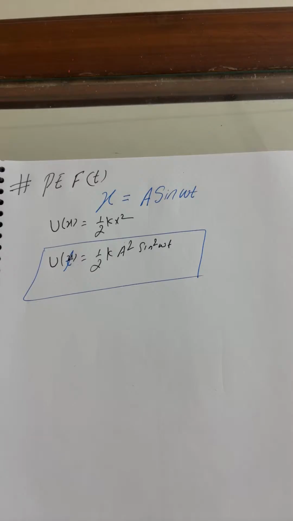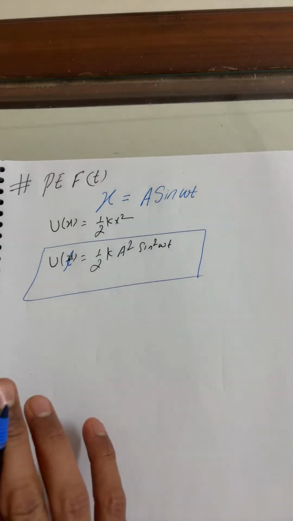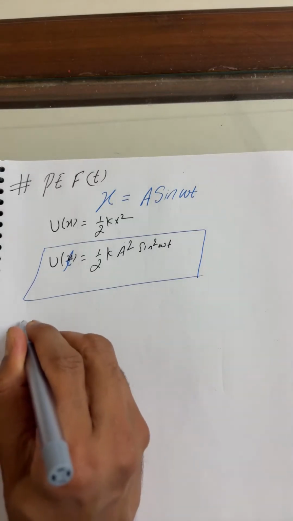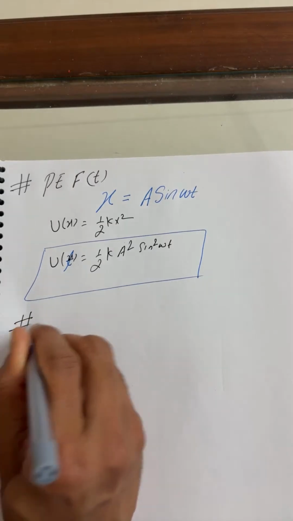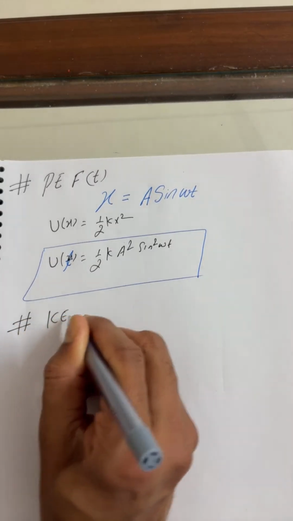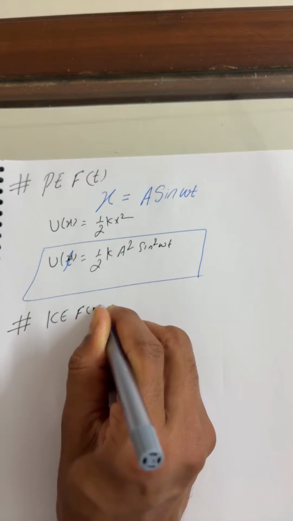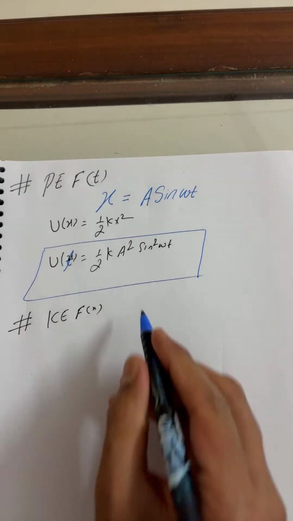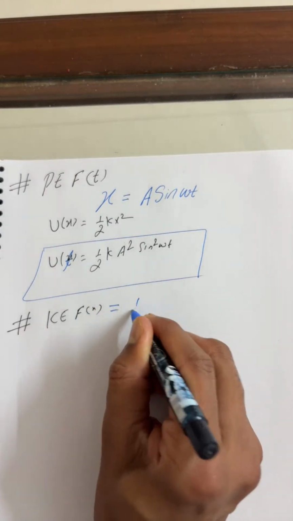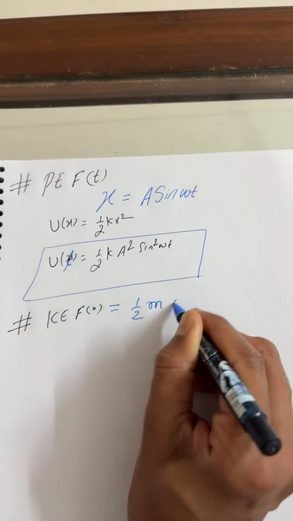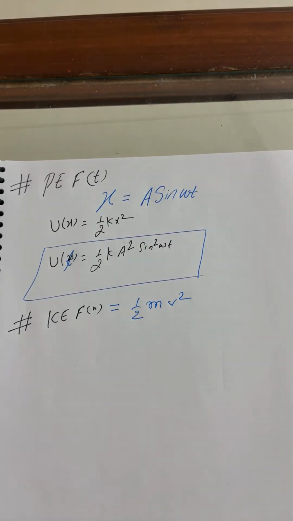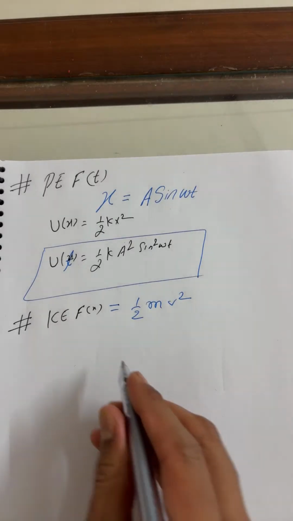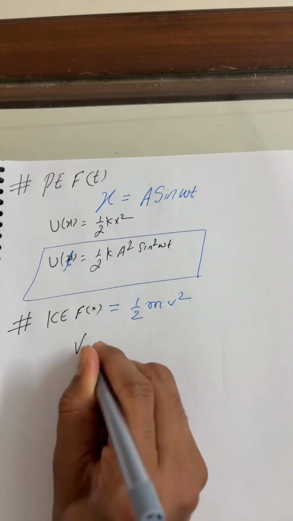Now, students, I'm going to derive the kinetic energy as a function of x. First, I'll write the kinetic energy formula: half mv squared. I hope all of you remember v as a function of x, as I derived.